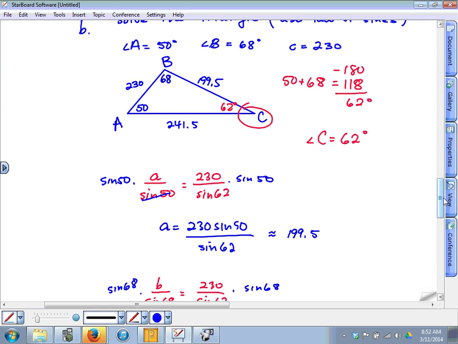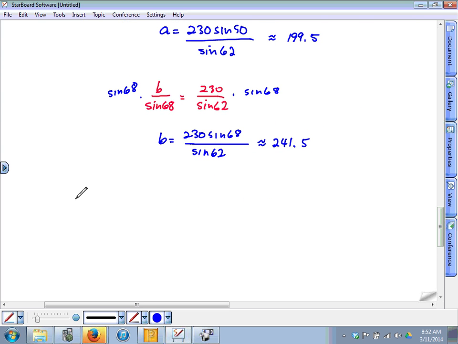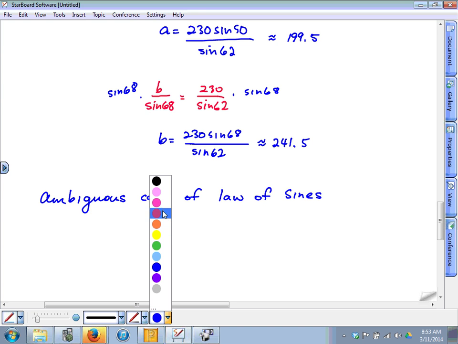Let's talk about that ambiguous case. Ambiguous case of law of sines. This happens when you're doing side-side-angle.